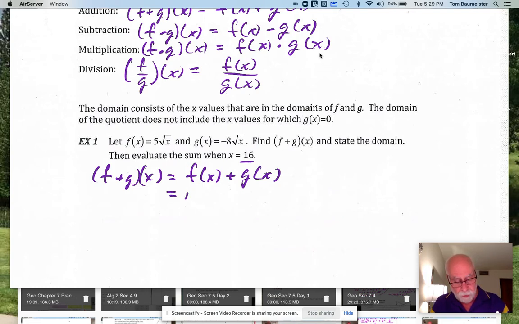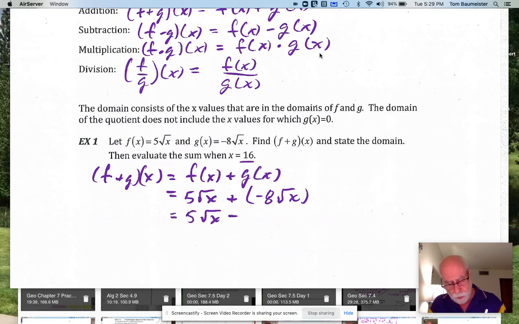So our f of x was 5 times the square root of x plus a negative 8 times the square root of x. Plus a negative is a negative. And that will give us negative 3 times the square root of x.